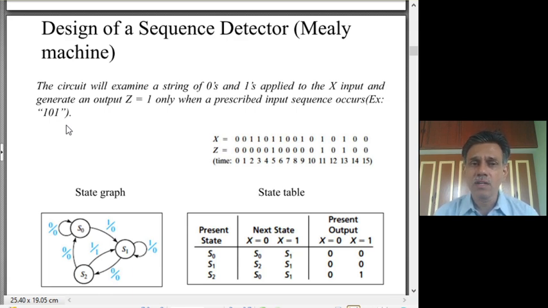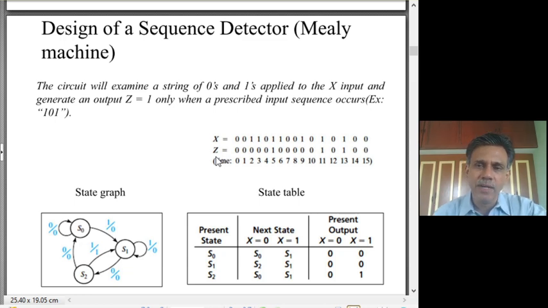Again, what we want is the output should become 1 whenever we encounter the last bit of the bit pattern we are looking for. So at the same time, when we have a bit sequence ending in 101, the output should become 1. In all other cases, the output should be 0. To understand this problem a little better, we will take an example input sequence and write out the output sequence.